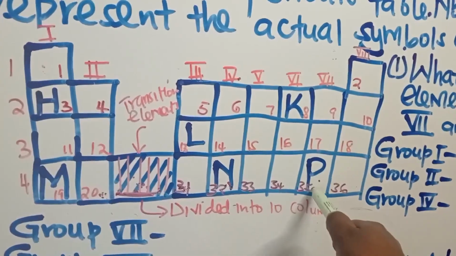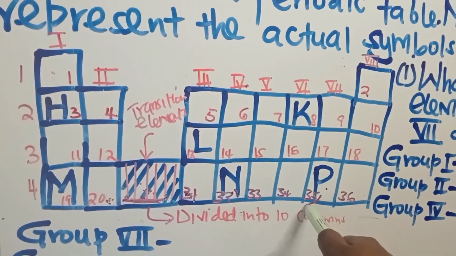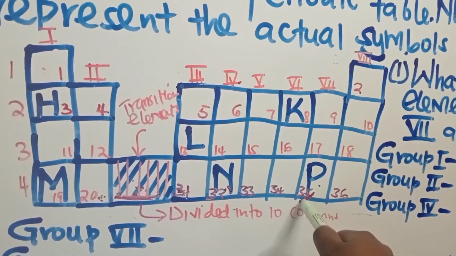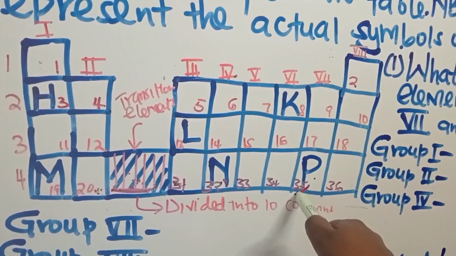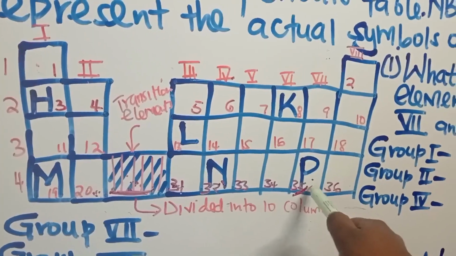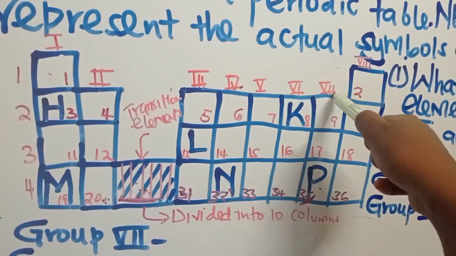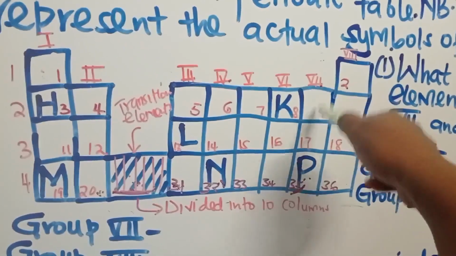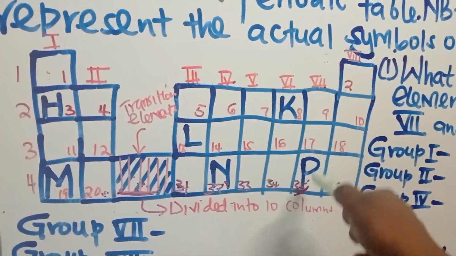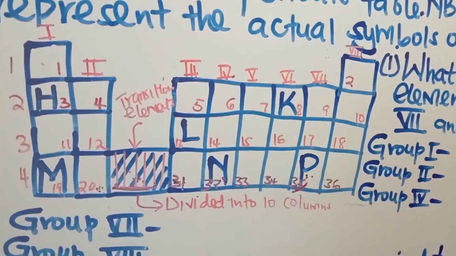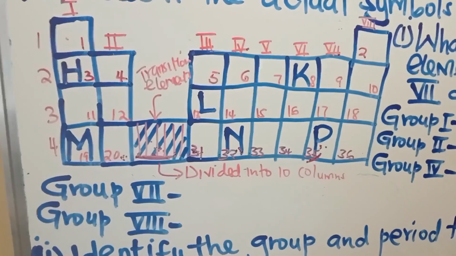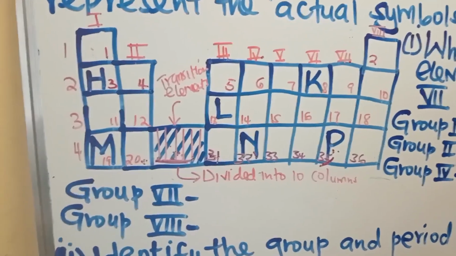For this one, P, even though it has an atomic number that we don't deal with in writing the electronic arrangement, it will still have the same characteristics as group 7. All the characteristics of the group 7 elements will still be in element P. That is one thing we should note and never forget.